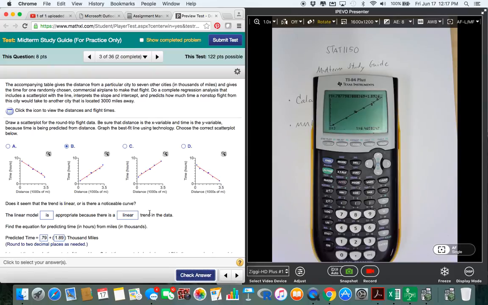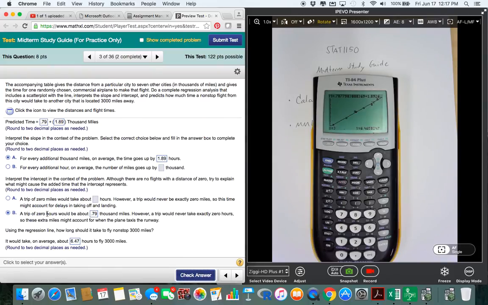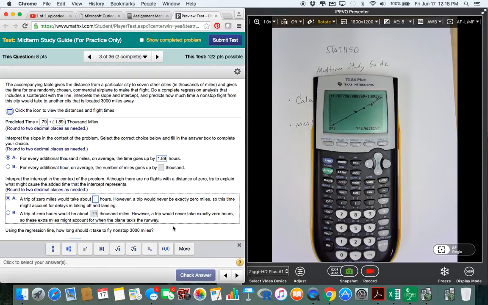It's not going to tell us what we missed, but we can go back and probably think it through. 6.47 would never be seen, so this time might account for delays in taking off and landing. This might be when the plane taxis the runway. So I am going to change that and say 0.79 there.